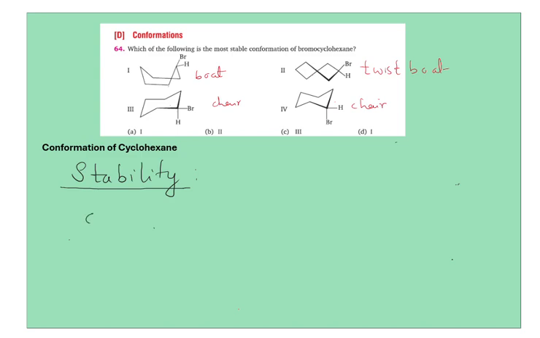So stability of different structures: the chair conformation is more stable because all the bond angles will be close to the ideal bond angle. Okay, then we have twist boat. Why is twist boat less stable than chair? Because one of the bond angles will be 120, and the boat is not so stable because the hydrogens present here will usually have some repulsion or hindrance.